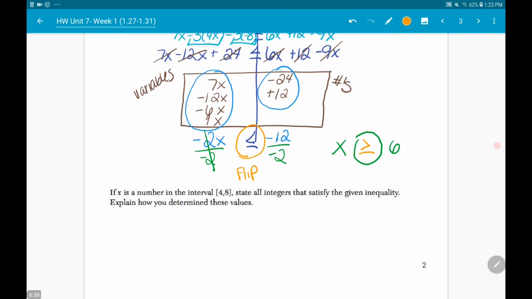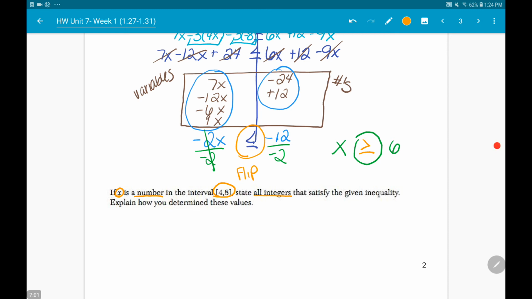Let's read part 2. If x is a number in the interval 4 through 8, state all integers that satisfy the given inequality, and explain how we determine those values. Remember, explain means words, but first, let's get the actual answer.